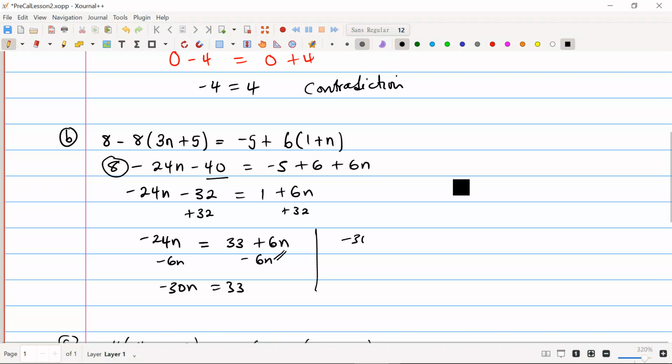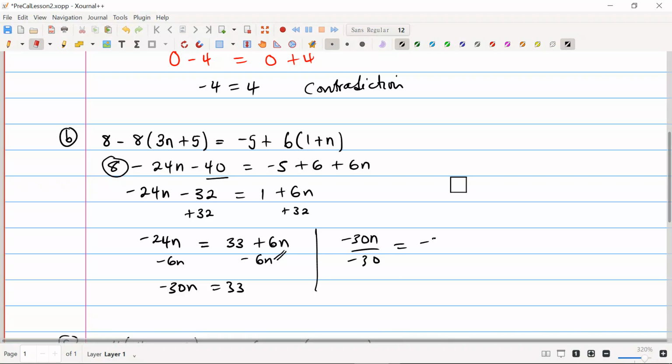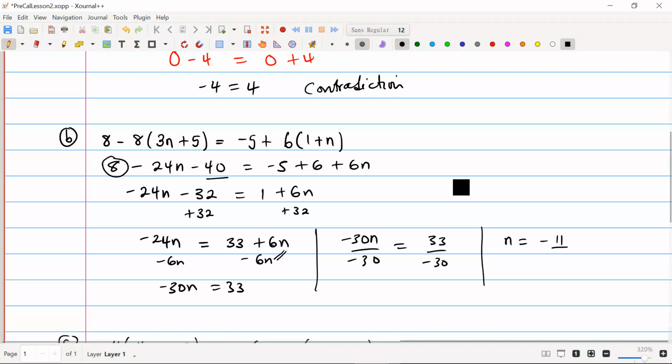Negative 30n divided by negative 30 equals 33 over negative 30, right? And in fact, I have n equal to negative 11 over 10. I hope this is the solution.